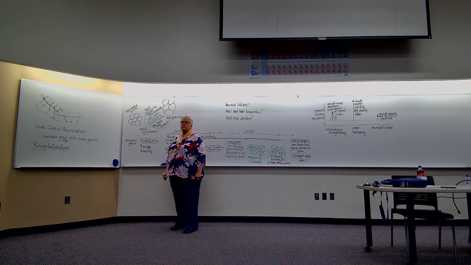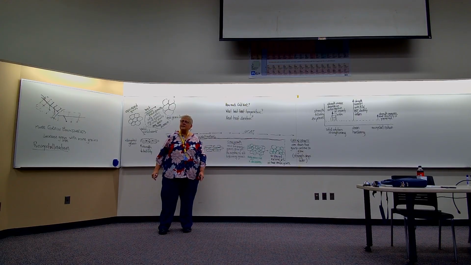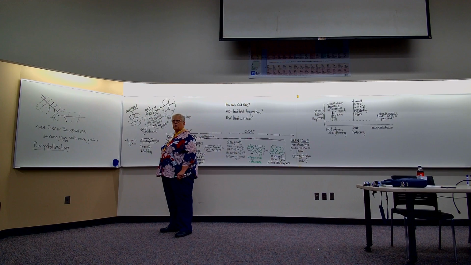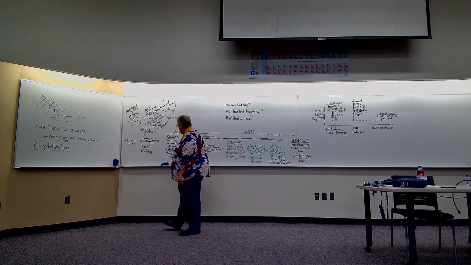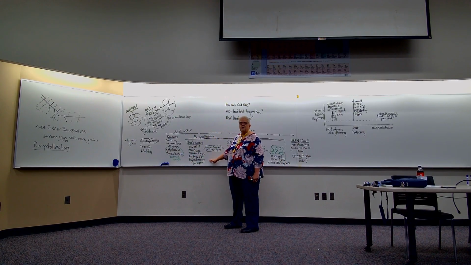Let me say this in a different way. Here's one example of what happened. Let's say at this step, I add more cold work than at this time. If I add more cold work, this is the same, this is different. What will be different here if I had more cold work to start?